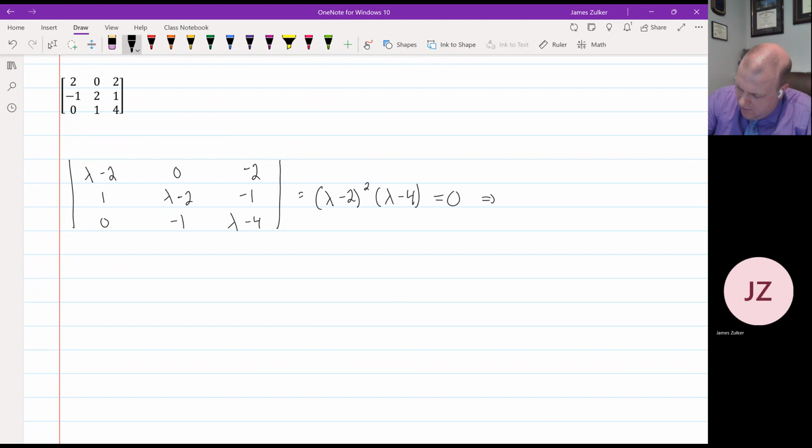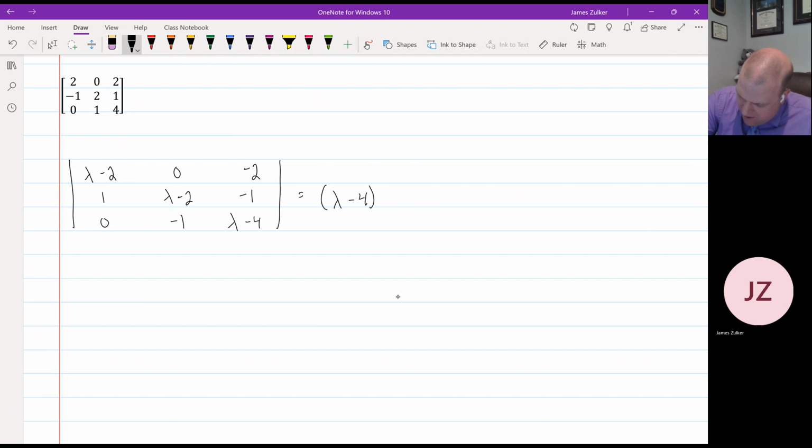Set it equal to 0. I'm sorry, I really messed that up. Ignore that, this is not a diagonal matrix.